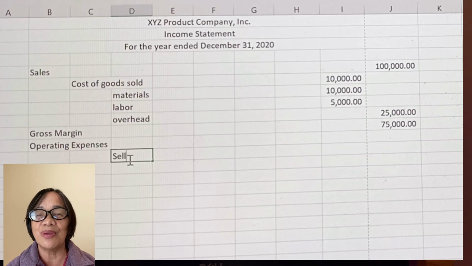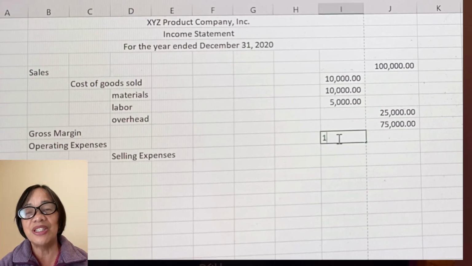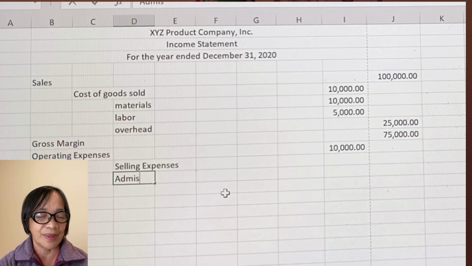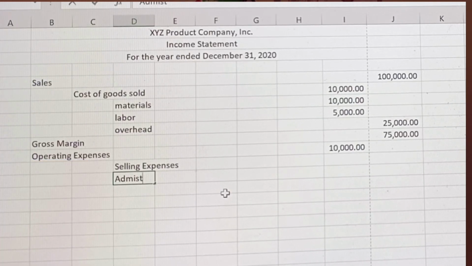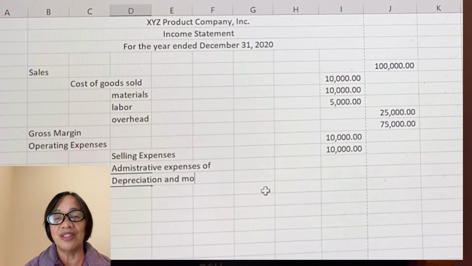expenses. So let's say we have a selling expense of 10,000, administrative expense of 10,000, depreciation and mortgage, 5,000.